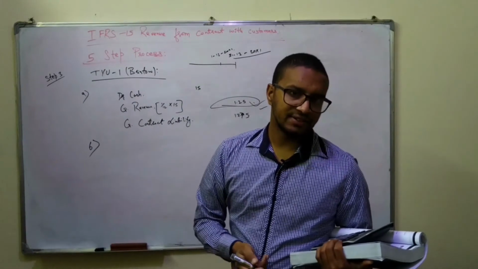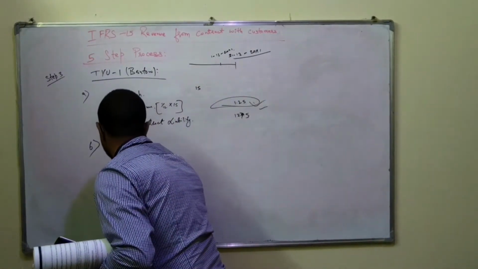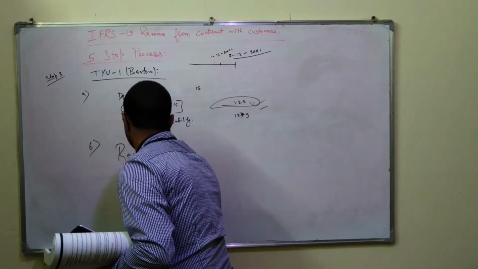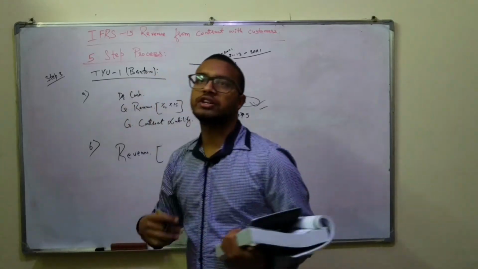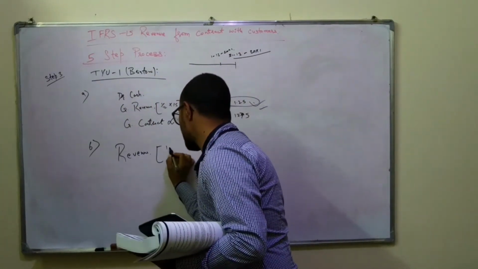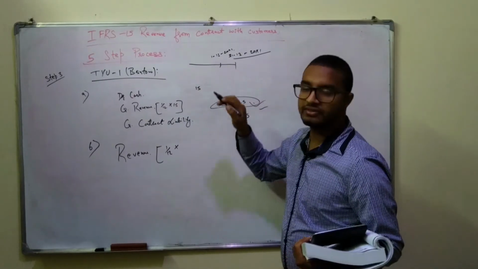So what would be in B? The company has no experience in providing the service. So what we do with the revenue is we can only recognize 1 out of 12, because we have only provided 1 month of service.